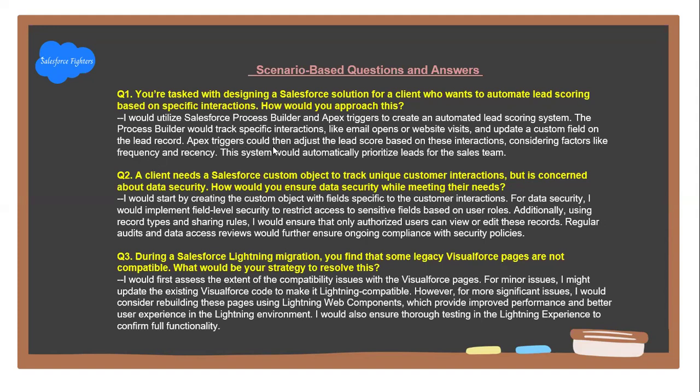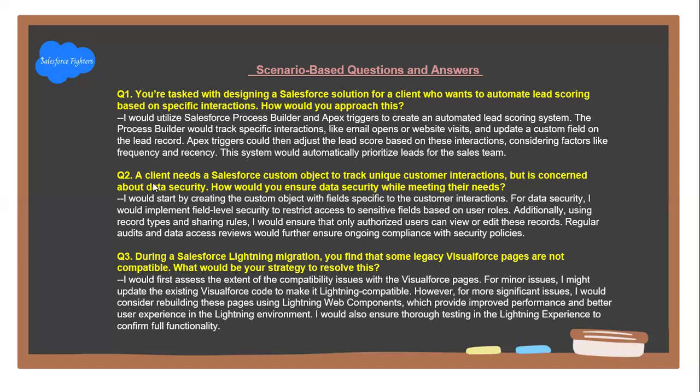Apex triggers could then adjust the lead score based on these interactions, considering factors like frequency. This system would automatically prioritize leads for the sales team.